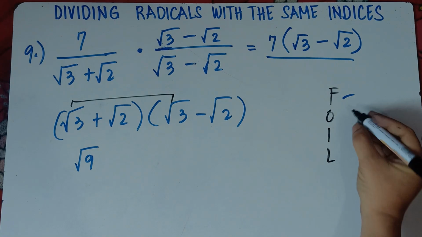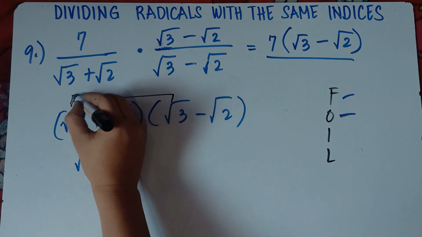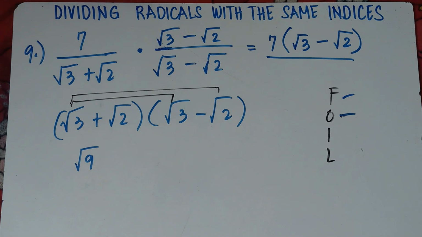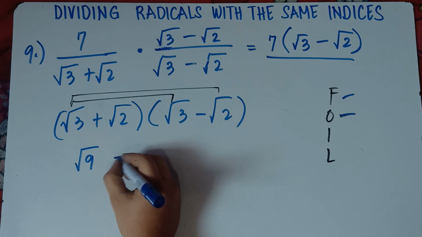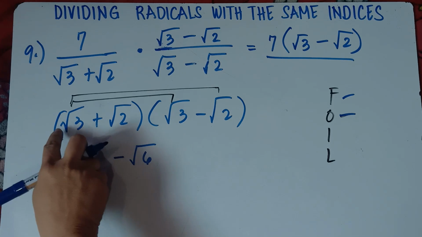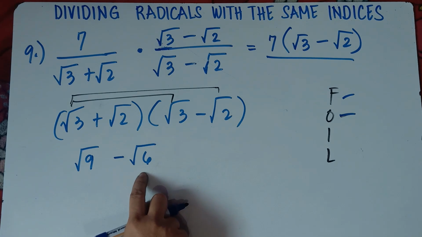Then outer, square root of 3 multiplied by negative square root of 2, that would be negative square root of 6. Positive times negative is negative. Square root of 3 times square root of 2, that's square root of 6.